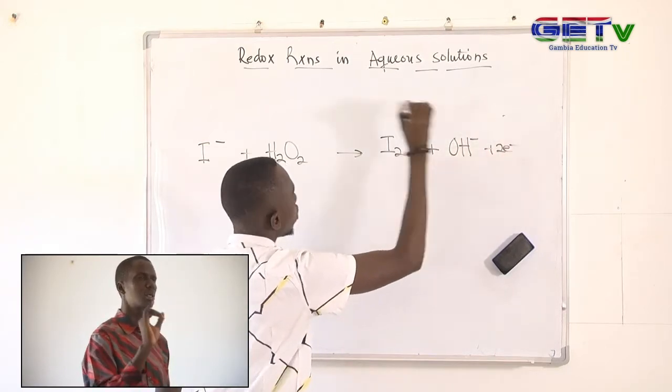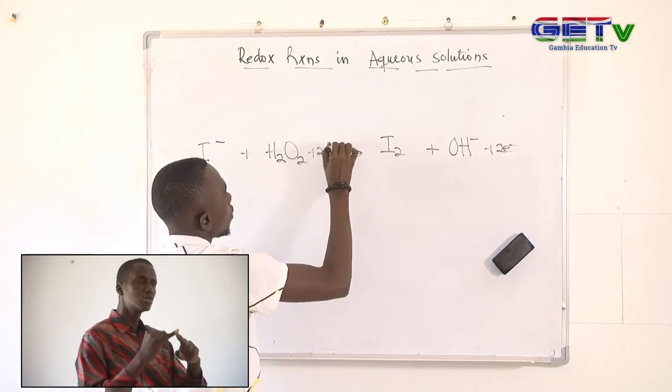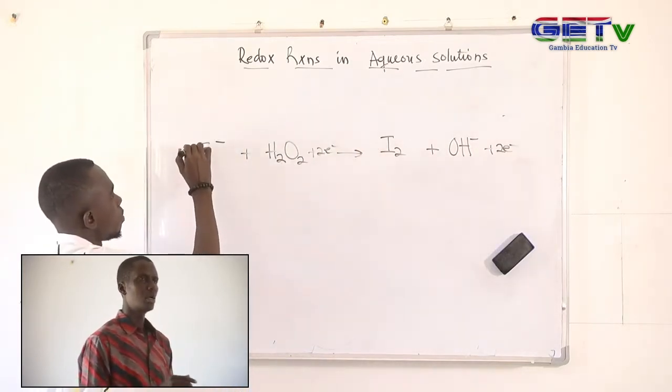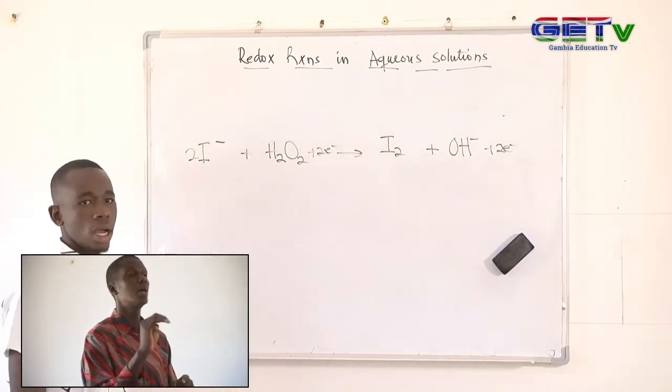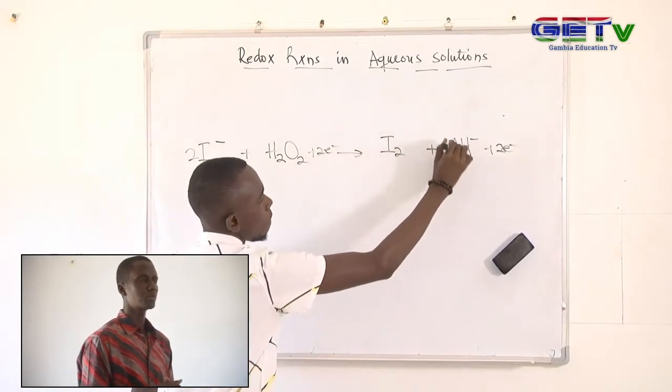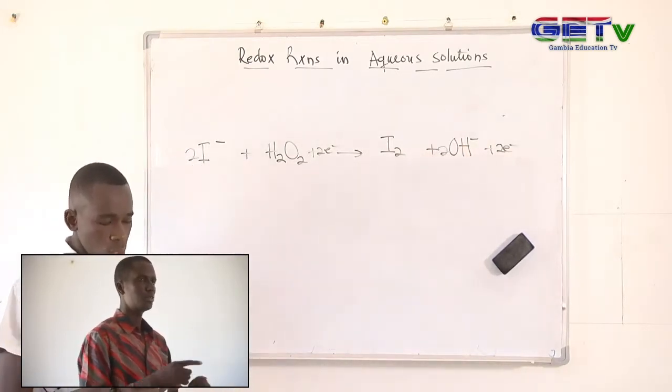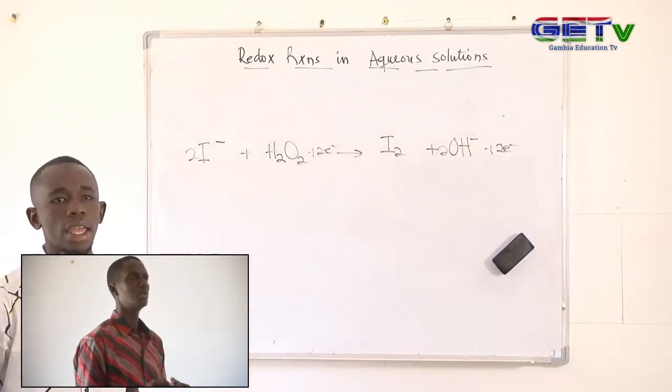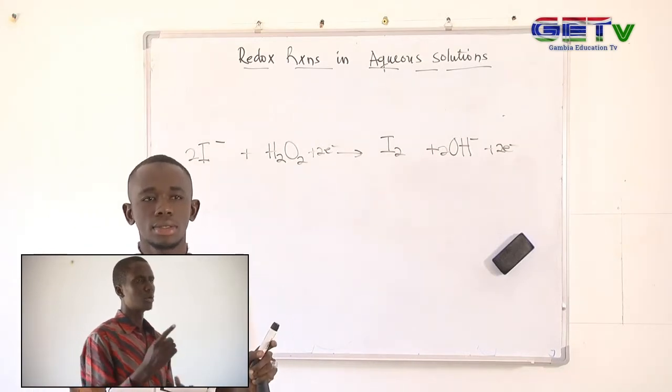Here we have 2 electrons, and on this side we also have 2 electrons. We balance by putting 2 here and 2 here. So this redox reaction is already balanced.